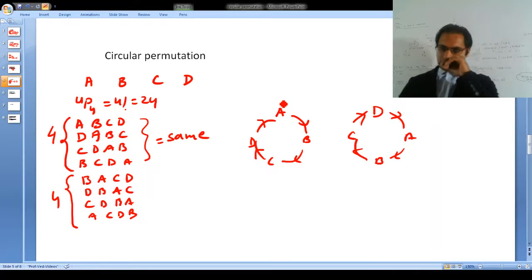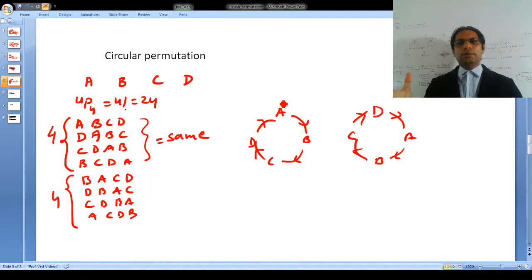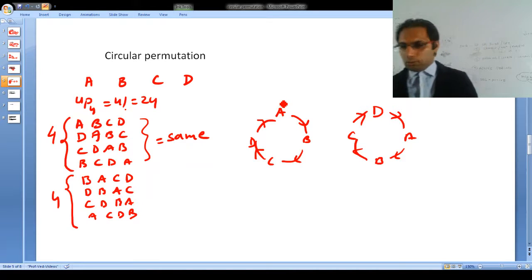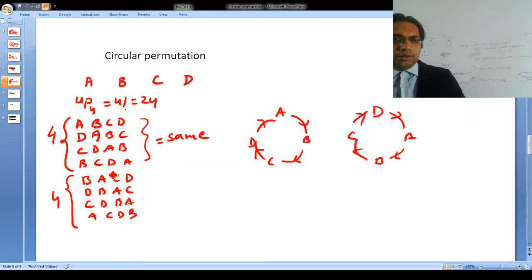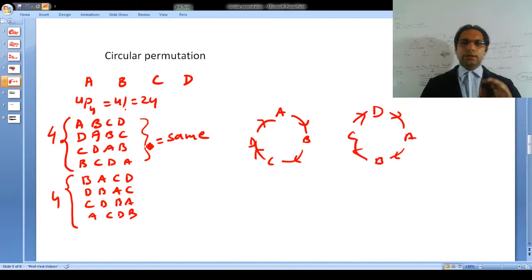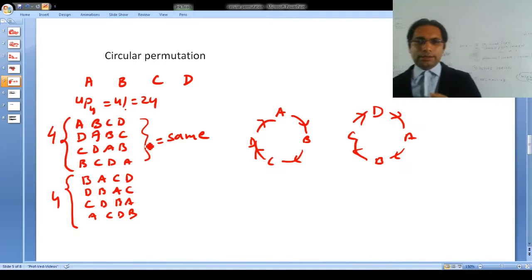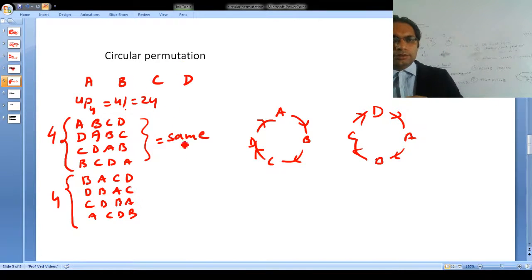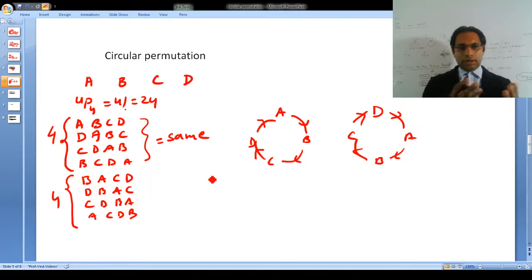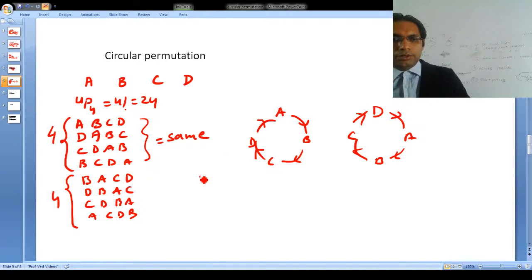So in circular permutation, when you make something like this, you will not be able to find that these are two different arrangements. Therefore every time, in this case with four, four such entries look the same if you just rotate them in the circle. That is why when you calculate circular permutation, the number of unique arrangements is not n factorial, it is n factorial by n.